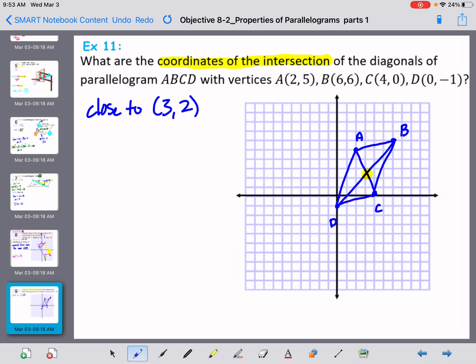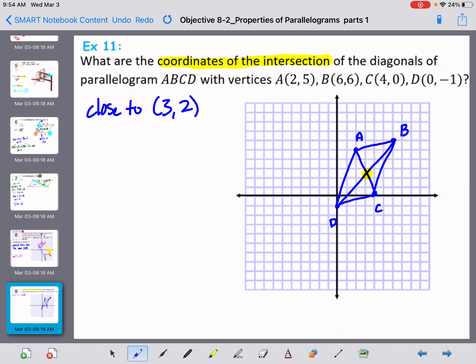Okay, so let's do some thinking here. Diagonals bisect each other. That means that that intersection point is halfway between B and D and halfway between A and C. Now, in geometry, have we learned a formula that tells me what halfway is?